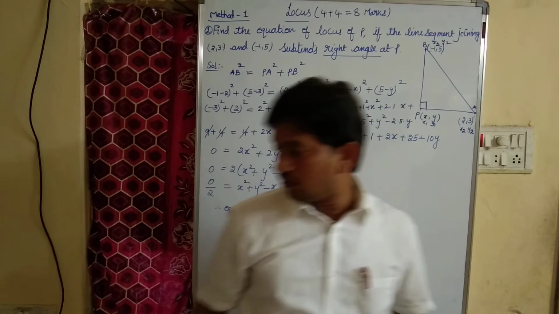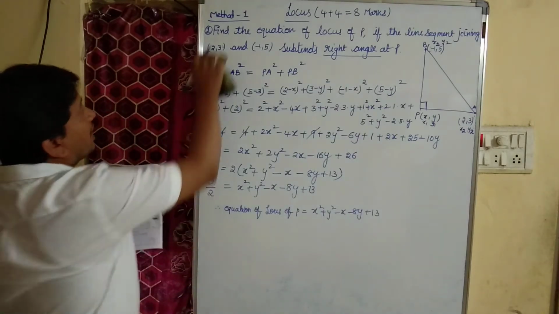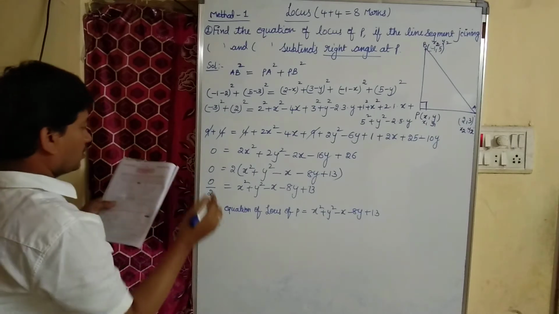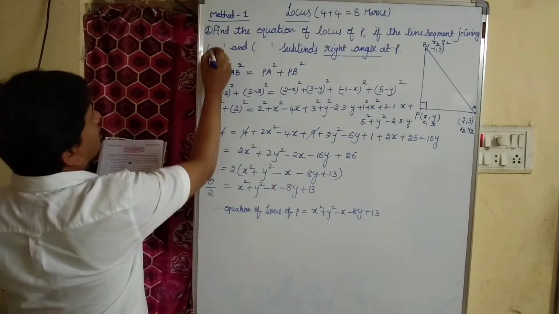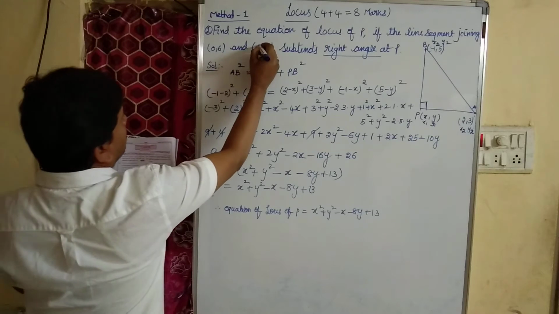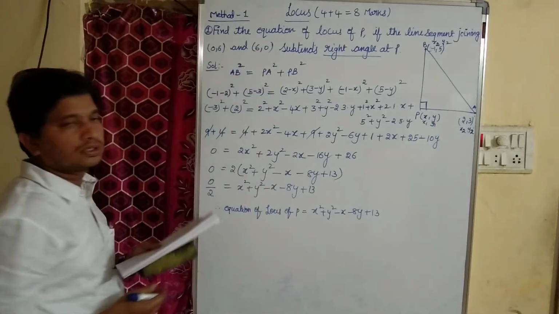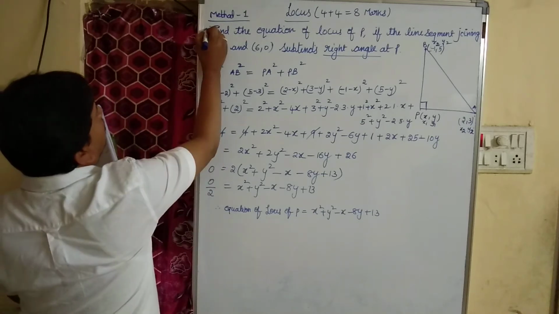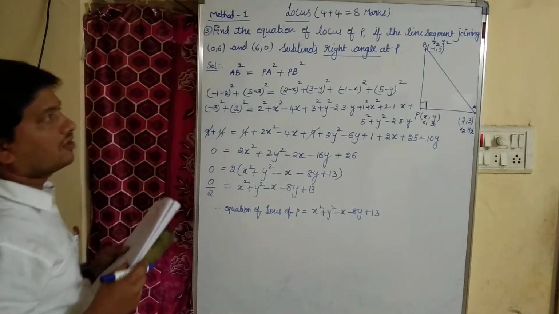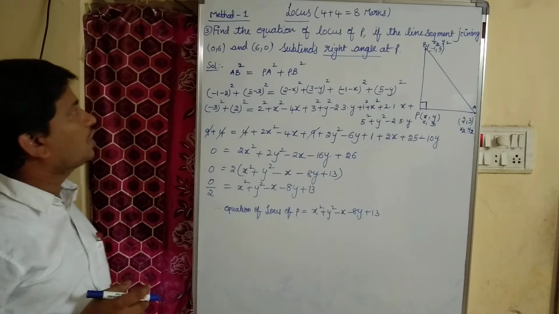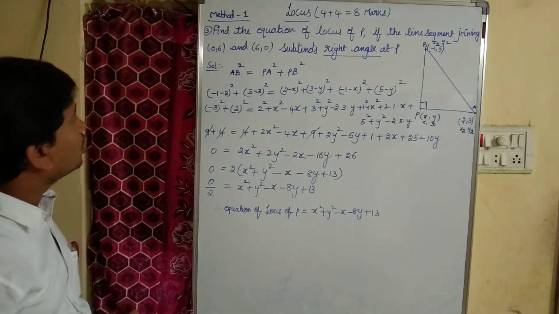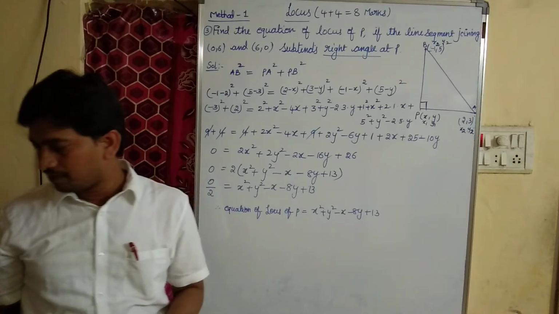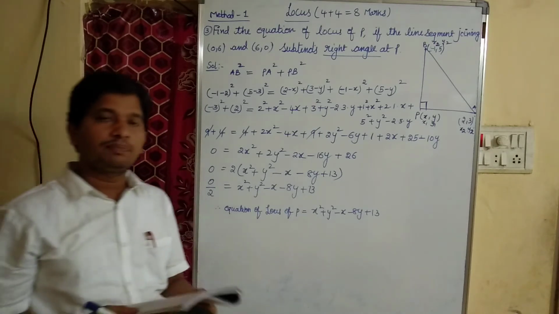Let me give one homework problem. Find the equation of locus of P if the line segment joining points 0, 6 and 6, 0 subtends a right angle at P. So this is our third problem.